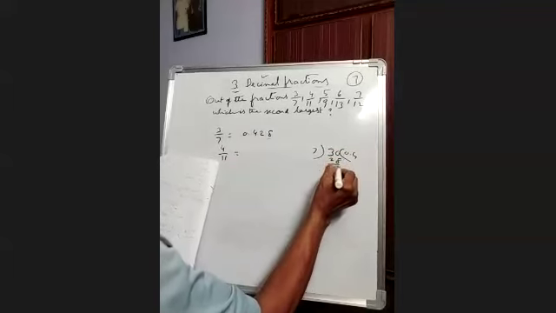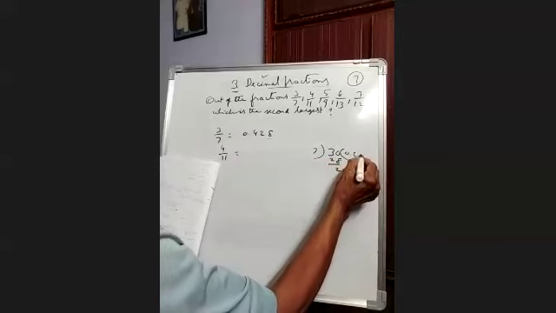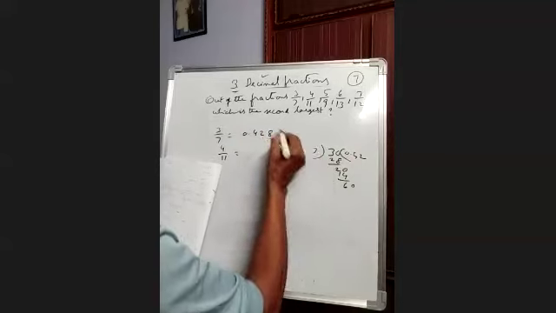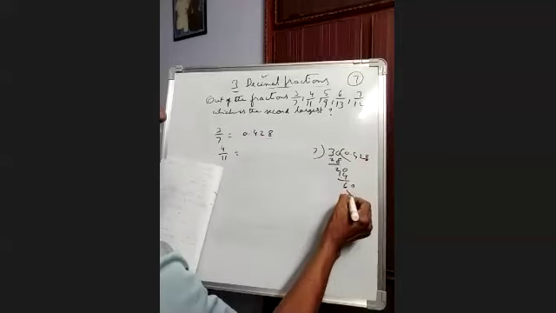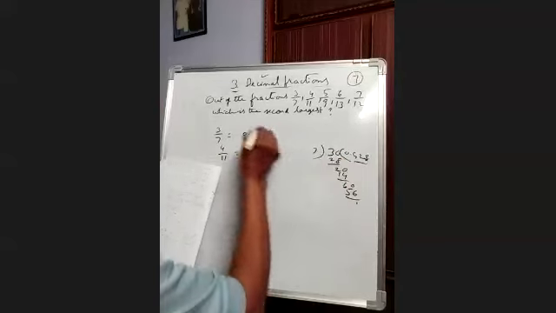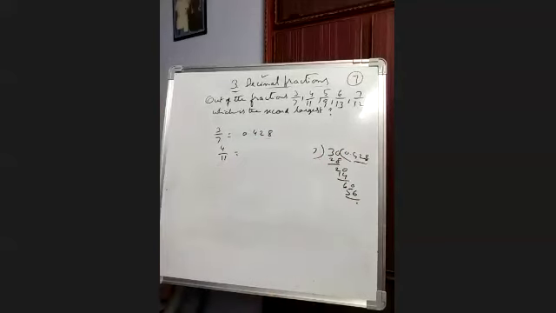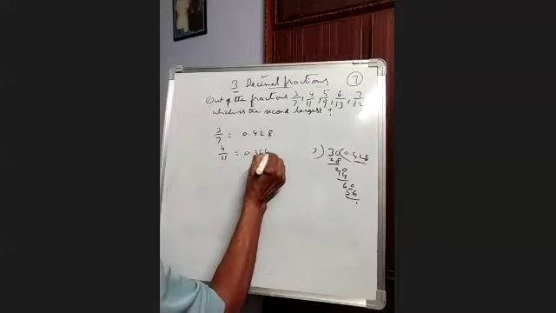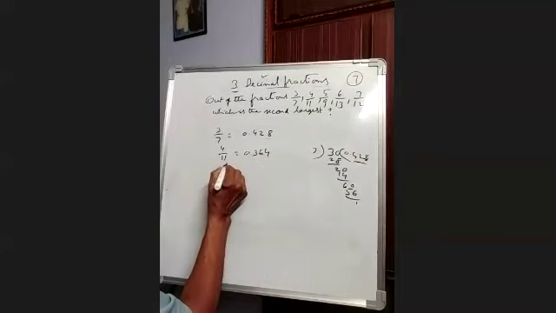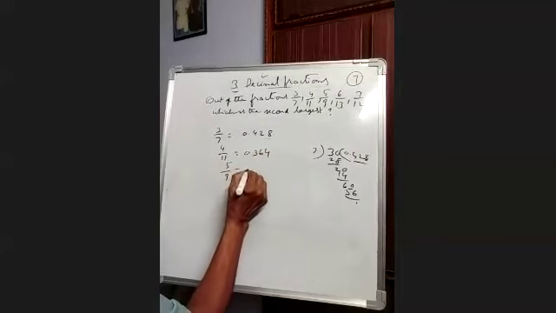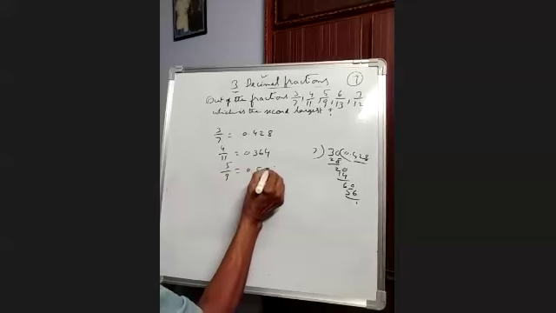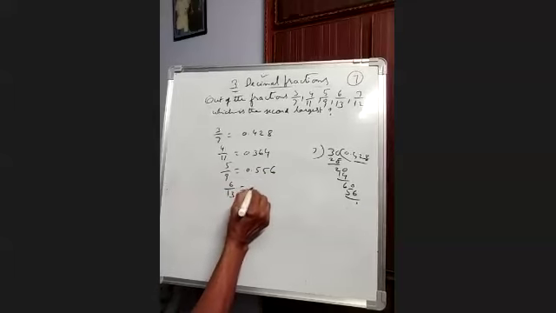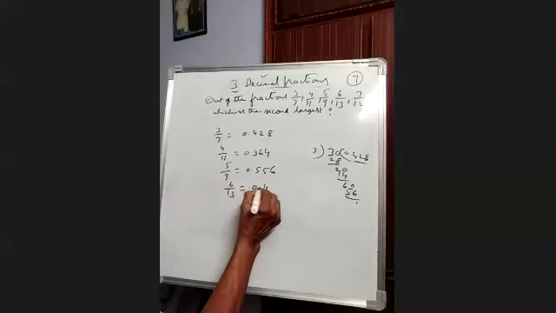After 3 decimal places we have taken. 4 by 11 is 0.364, 5 by 9 is 0.556, and 6 by 13 will be 0.462.